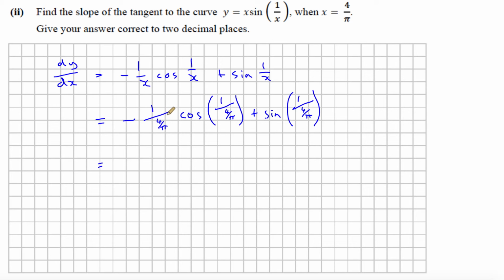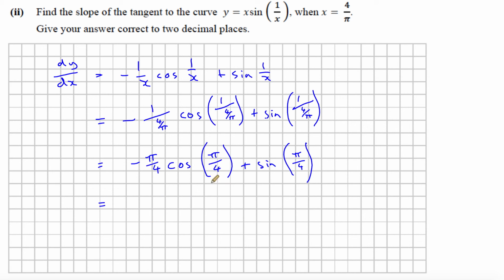Okay, so that's going to give me 1 over 4 over pi. Well, that's the reciprocal of 4 over pi, so that's just minus pi over 4 by the cosine of, again, the same thing. The reciprocal of 4 over pi is pi over 4, plus the sine of pi over 4.